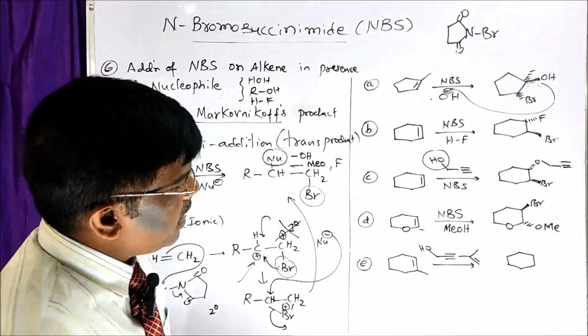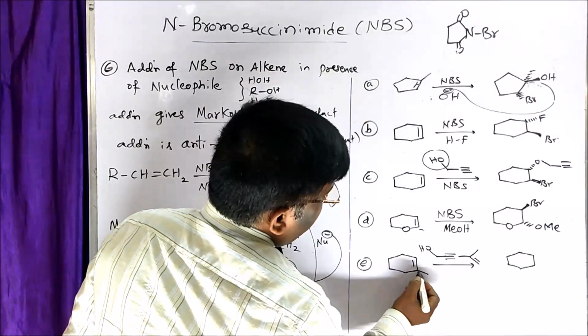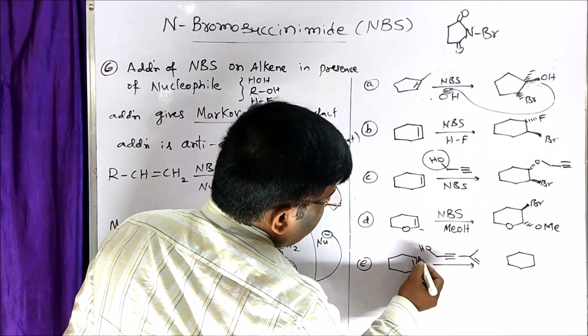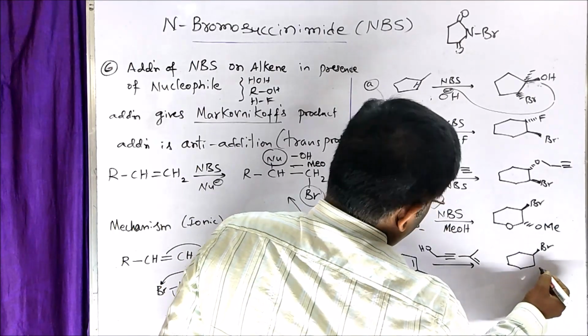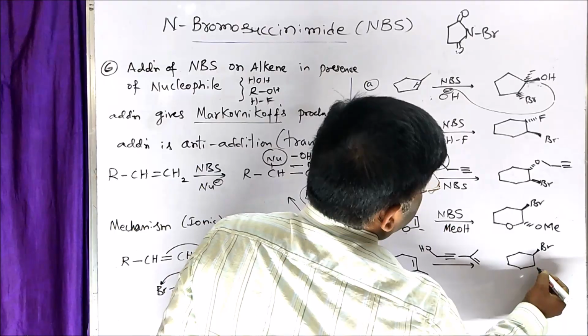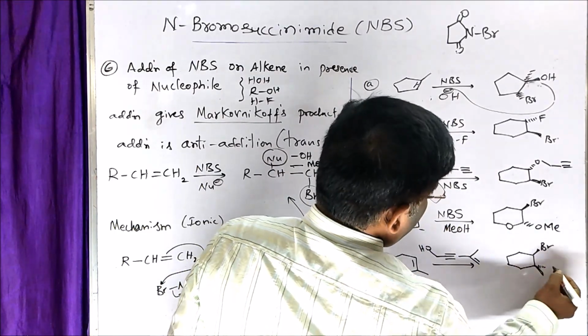Here what is going to happen? Here also we are using alcohol, and this is very important. Similar to this, bromine is going to attack here, so bromine is going to be formed here, and the remaining, it is going to form alcohol.